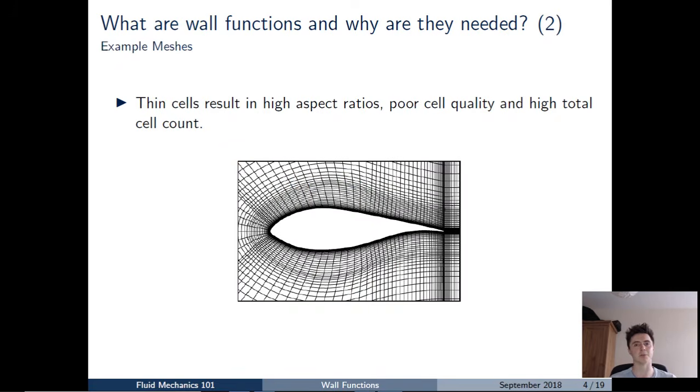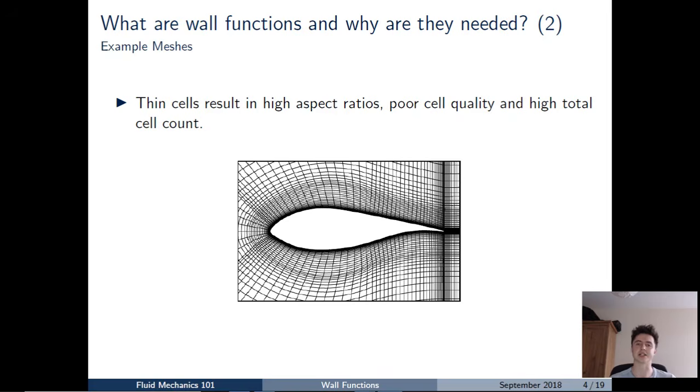So a typical mesh that you might see for a CFD solution is shown in the picture. This is just a 2D aerofoil plot, and we can see that in the direction normal to the wall, the cells get very, very thin as we approach the wall, and that resolution in the wall normal direction is much greater than the chordwise and spanwise direction.